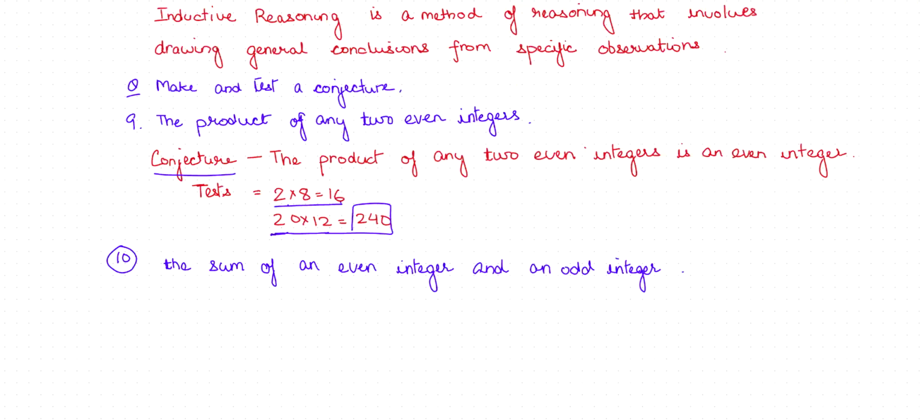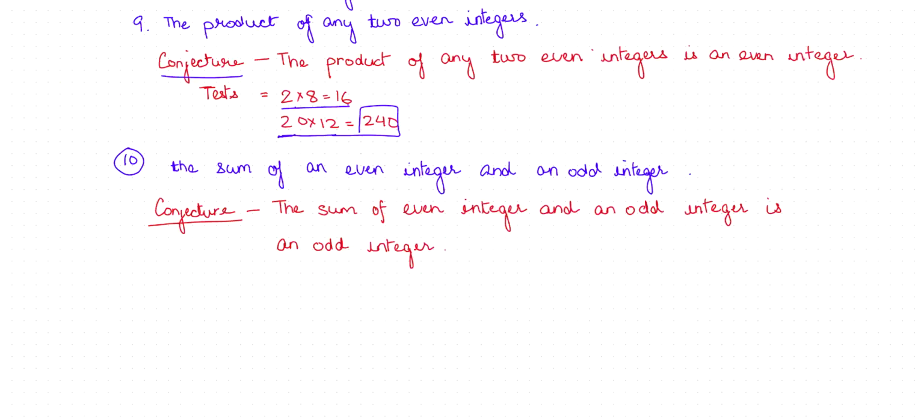Now the next question is the sum of an even integer and an odd integer, and we have to write a conjecture based on this and test it. The conjecture is that the sum of an even integer and an odd integer is an odd integer. Let's test it. If we take 3 plus 4, that is equal to 7.